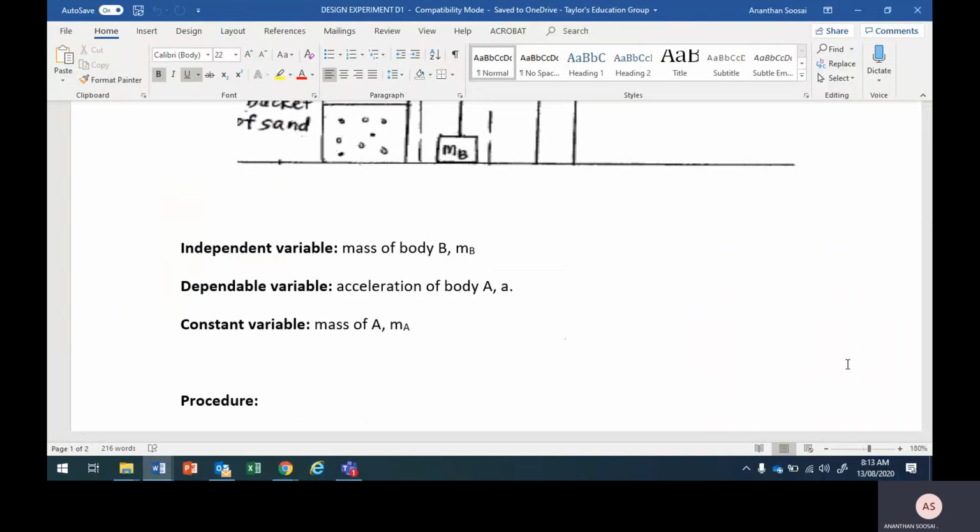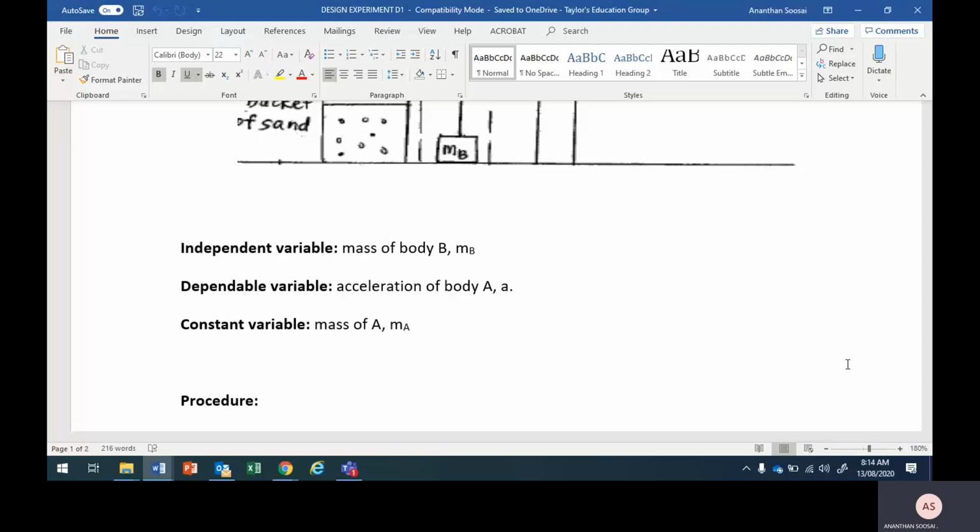The y-axis is your dependent variable, and the x-axis is always your independent variable. So the variable to keep constant is mA. You get 2 marks if you write this.